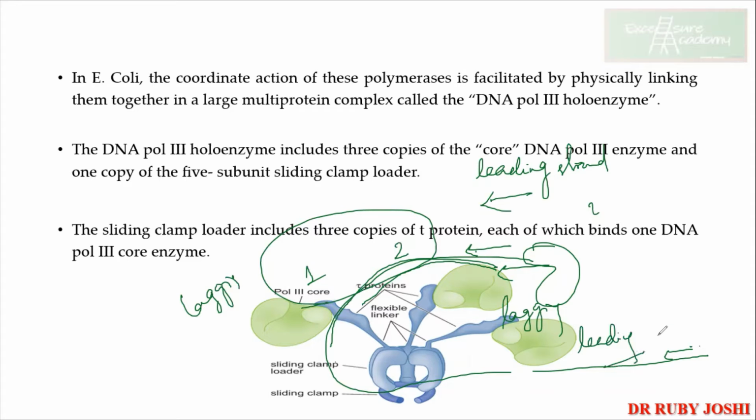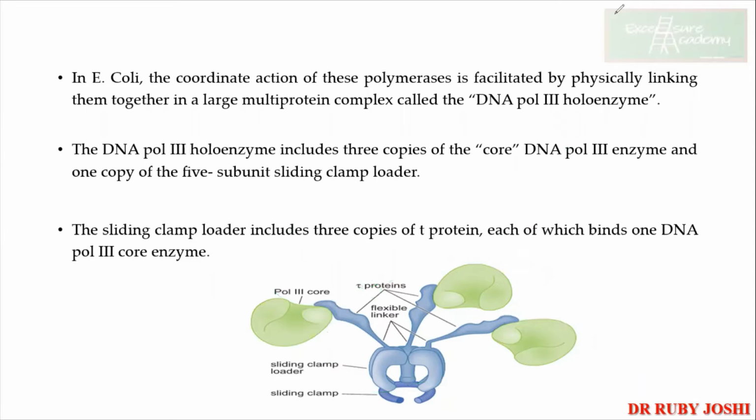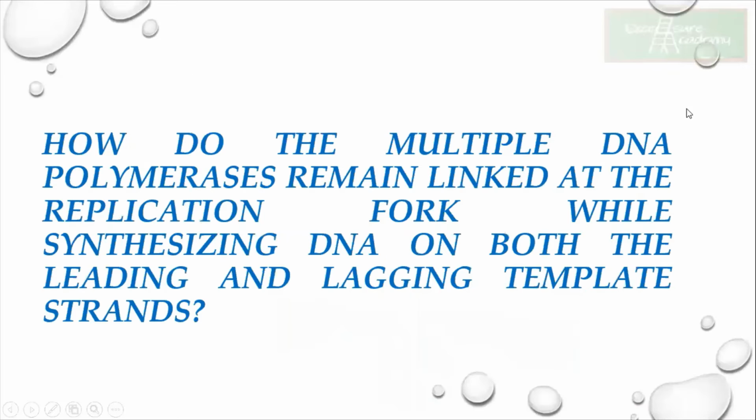Okay, maybe the diagram is not clear, but the concept is clear. I'll show the video, then I guess it will be clear to you guys. Remember this much: two are associated with the lagging and one is associated with the leading strand. I'll show the figure as well as the video.